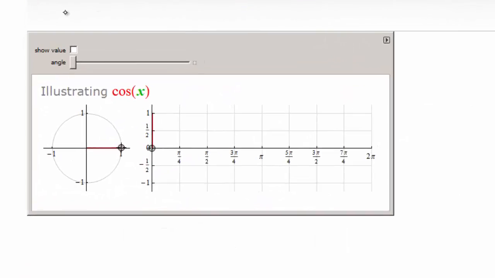So remember, the cosine is defined to be the x values on your unit circle, so that x value is 1. So you might not be able to see it, but we've plotted a point up here at 1. And then as we rotate toward pi over 2, those x values are getting smaller. They've gone from 1, the x value here is 0, so we're decreasing.